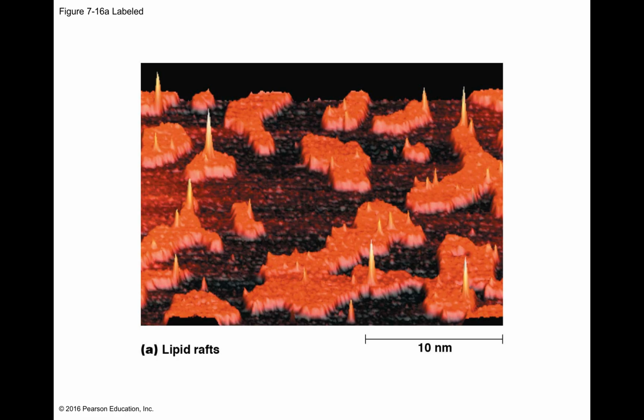If you use a technique called atomic force microscopy, where you drag a very sensitive needle across the surface of things, you can start getting a picture of what are called lipid rafts. So the components of the membrane are constantly moving, and the phospholipids are not uniformly distributed throughout the membrane.